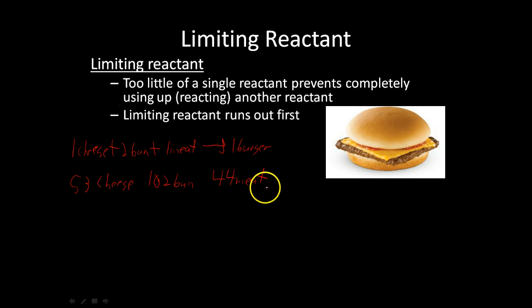So this might seem a little silly, and you might be able to do this math in your head, but I ask you not to do that, to actually go through these steps that I'm about to take. Okay, so I'm going to start with each one of these particular reagents, and then convert them into the total number of cheeseburgers I could make, assuming that I had enough of all the other reagents. Starting with what I'm given here, 53 cheese.